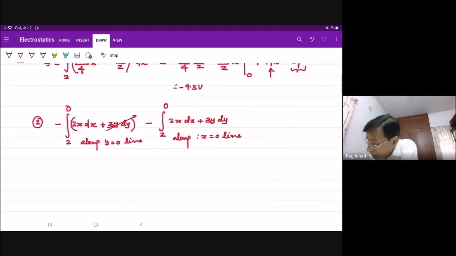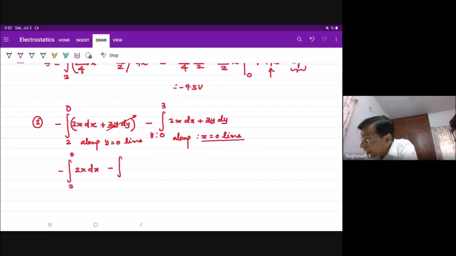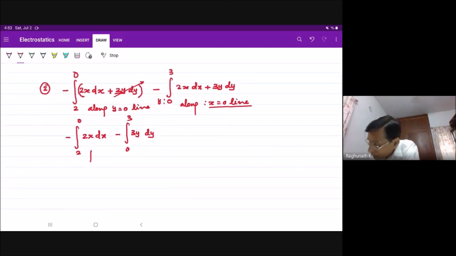So this is telling me: minus integral 2 to 0 of 2x dx, minus integral now with y equal to 0 to 3, on the x equal to 0 line, of 3y dy.